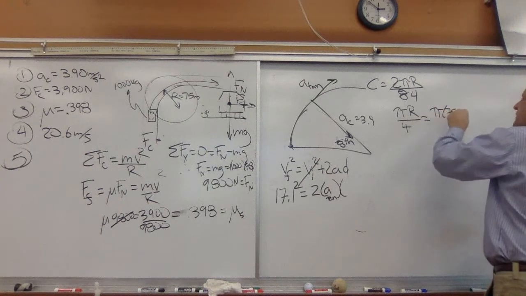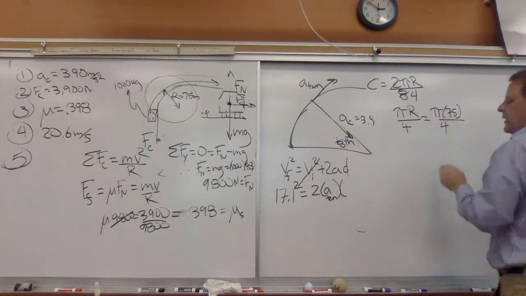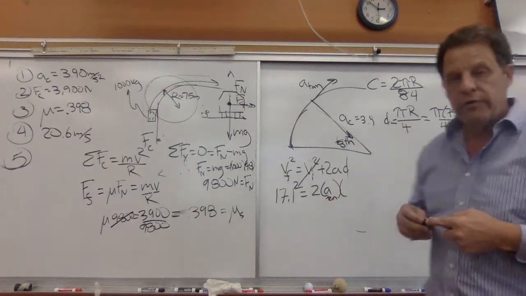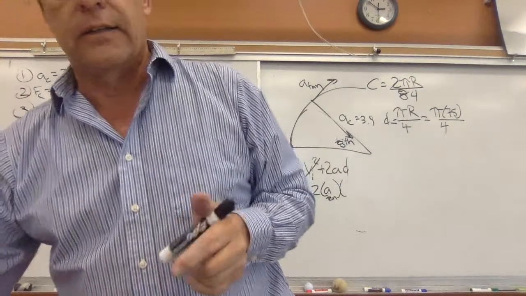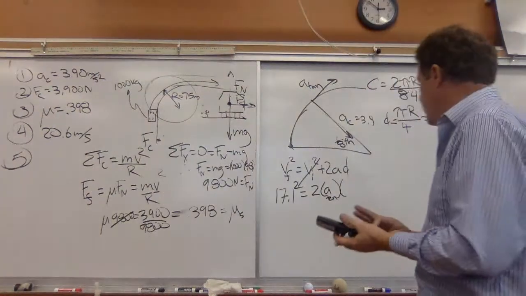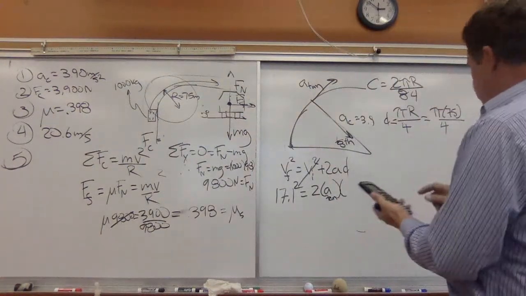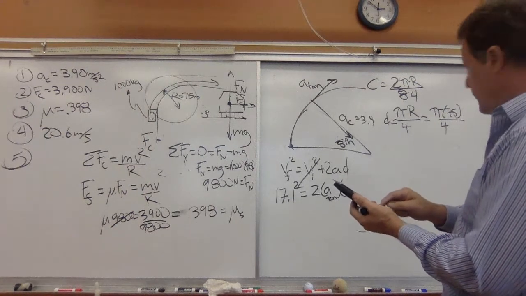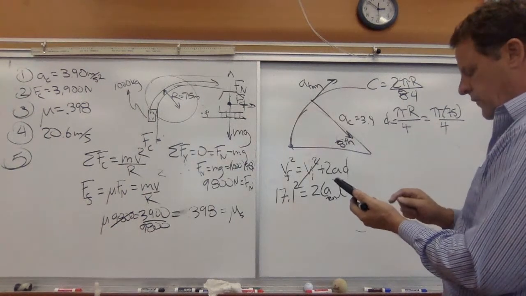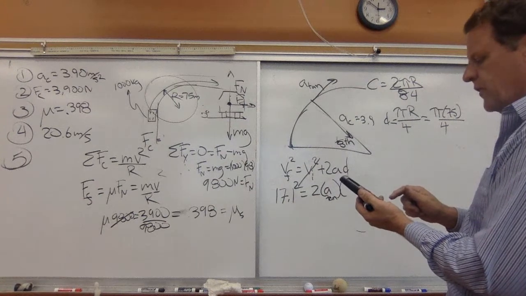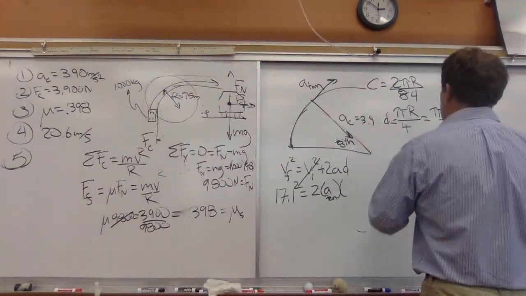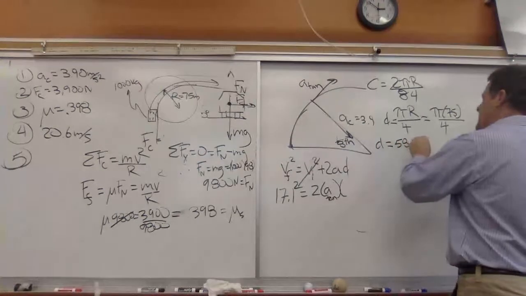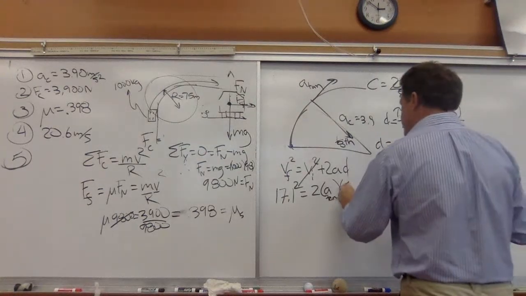Pi times 75 divided by 4 is the linear distance to calculate tangential acceleration, and that equals 58.9. So our distance is equal to 58.9 meters.